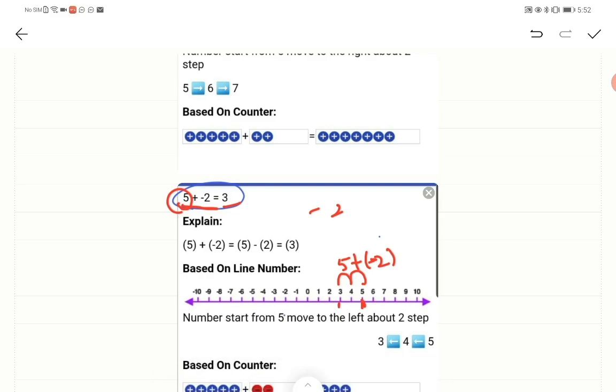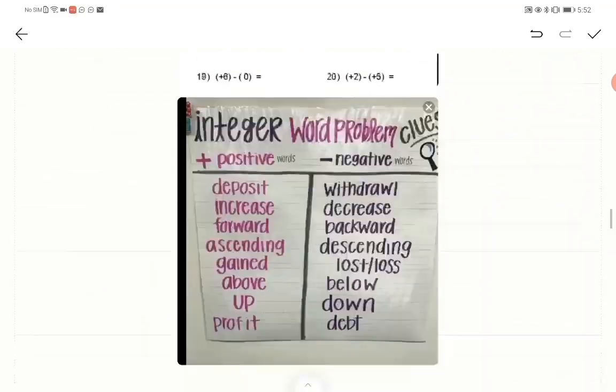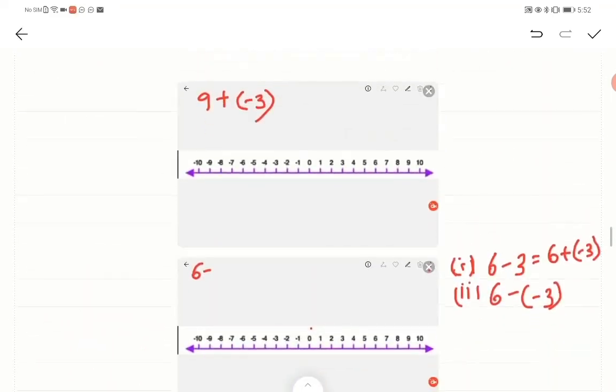Now tell me, students, what if your equation is given with minus in between, instead of addition? How are you going to do this? Before that, let me take this example as well. This is 9 plus minus 3. Just go towards the number 9.